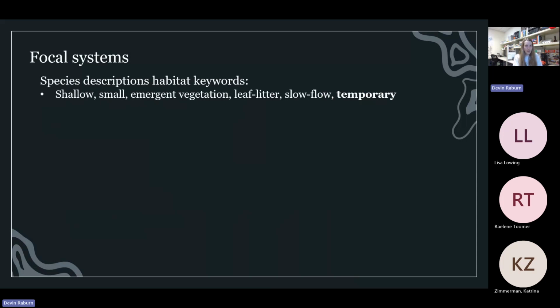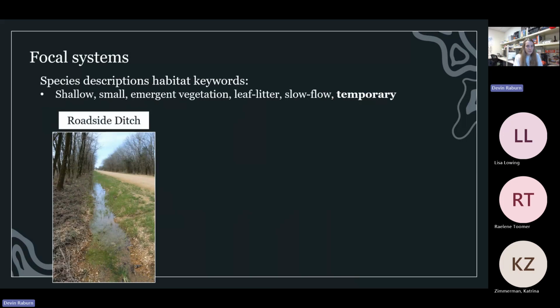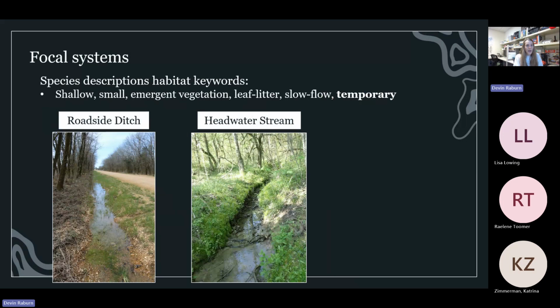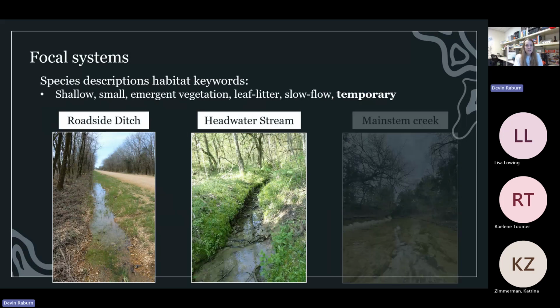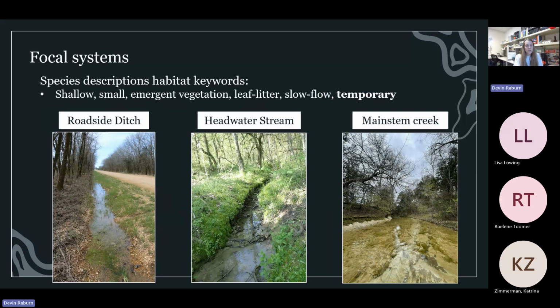Keep the temporary in mind. But the specific habitats that they name are roadside ditches. We can see in a picture here, we have the road on the right side, and then our aquatic system, that little roadside ditch. They also name headwater streams as a habitat for these species. And then they also name larger creeks as habitats.